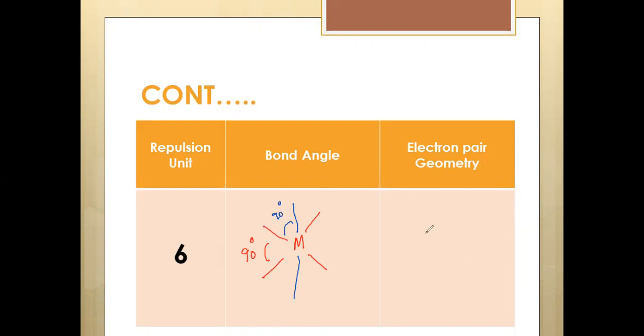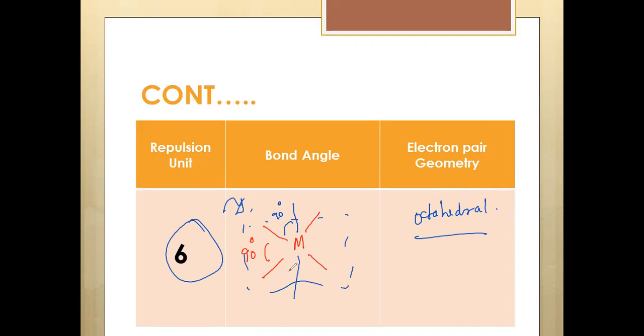And simply you can say this is the shape of the octahedron. You should be very careful about that. When you have the octahedral, the six repulsive units are distributed like this: four repulsive units on the plane, and the other two repulsive units perpendicular to this plane.